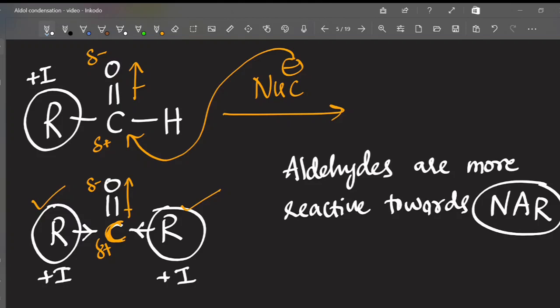One thing for sure: in aldehydes there is only one alkyl group which is going to help the electrophilic carbon, which means the electron deficiency is still more available at the electrophilic carbon in aldehydes, whereas in ketones that electron deficiency is compensated by two alkyl groups, which means the electrophilic carbon of the ketone will be less electron deficient. That's the reason a nucleophile will prefer to attack the aldehyde electrophilic carbon. Clear? Hope it is clear.